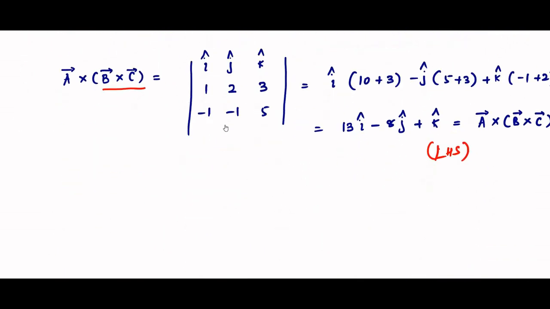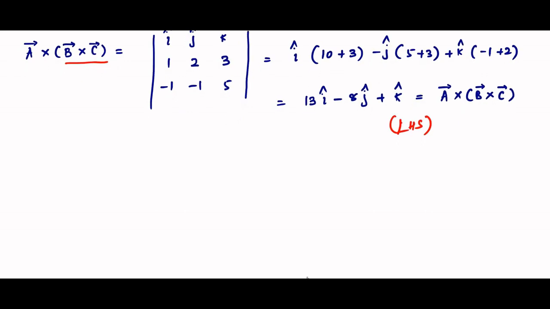For that, first we'll calculate the dot product of a vector and c vector. So we will just multiply the respective x, y and z components.